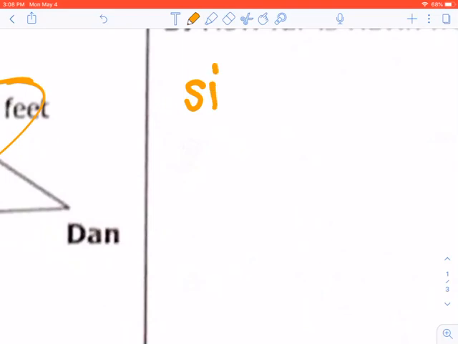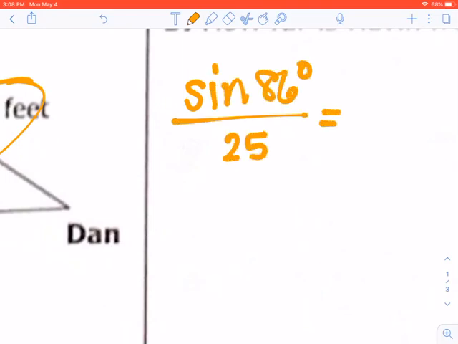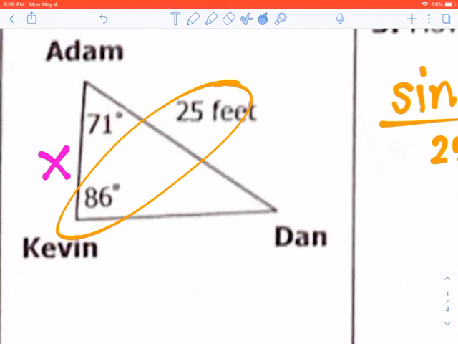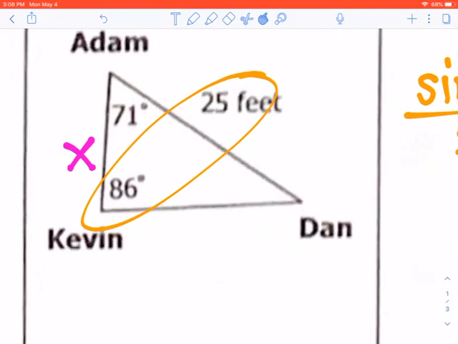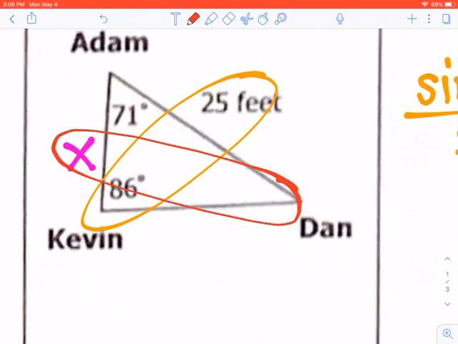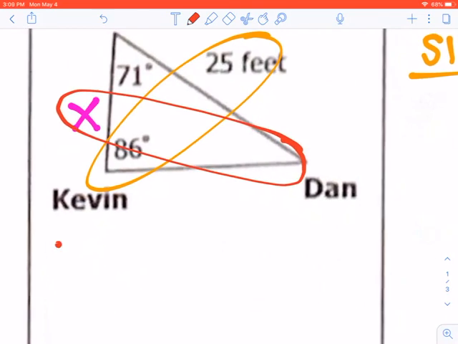So we do sine 86 degrees over 25, and that is going to equal my other angle side pair. If I'm looking for X, it's going to be this angle side pair. But I don't know what that missing angle is, so I got to do a little work.